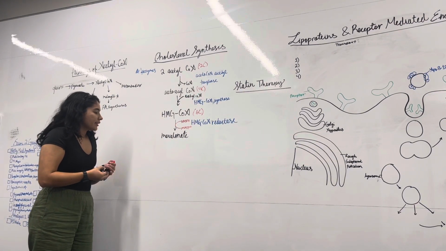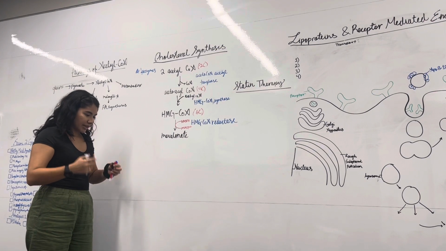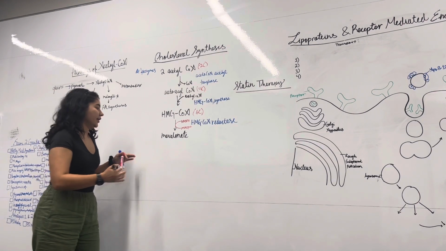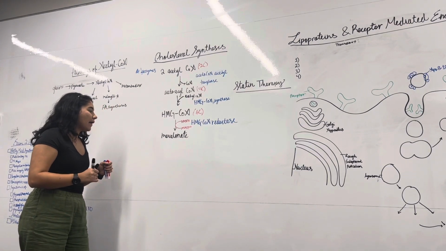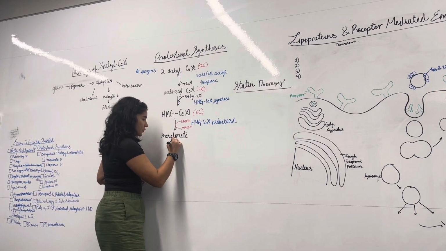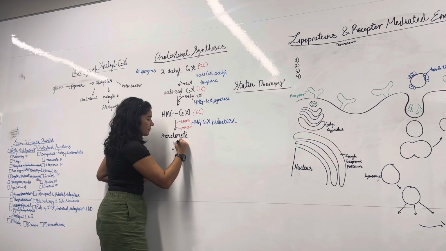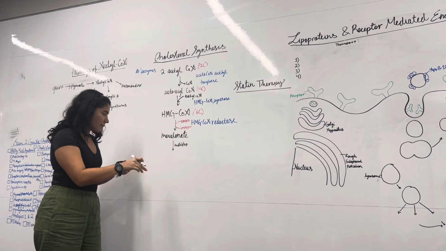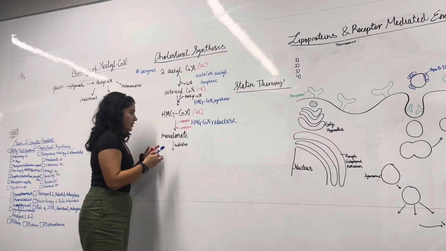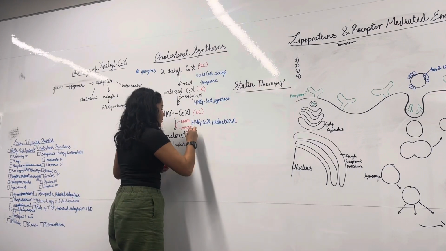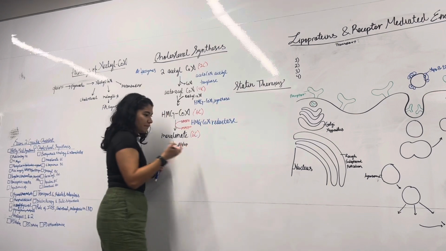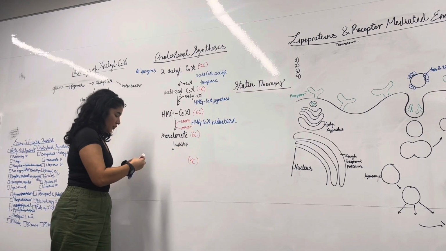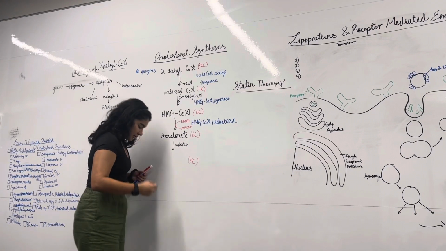The mevalonate then undergoes a series of steps that produce what are called isoprenes, right? And the ones that we do need to know, I'll go over those. So mevalonate, a multi-step process, which basically, mevalonate is a 6 carbon, right? We're gonna produce these 5 carbon isoprenes. So we undergo a decarboxylation.